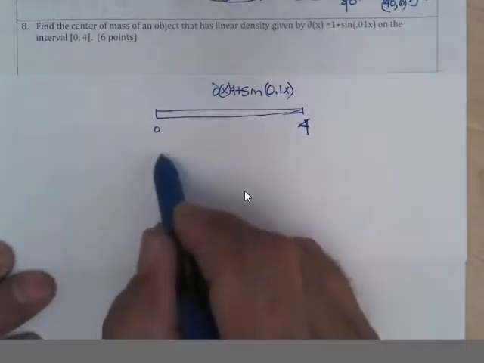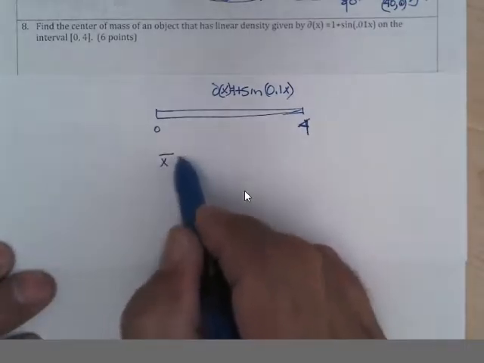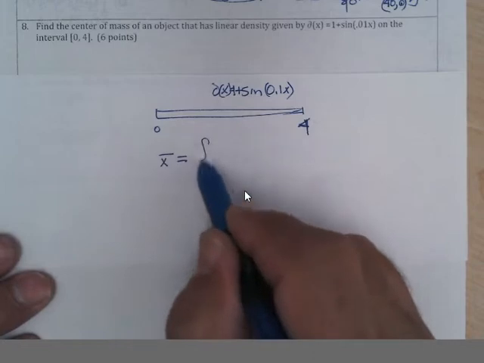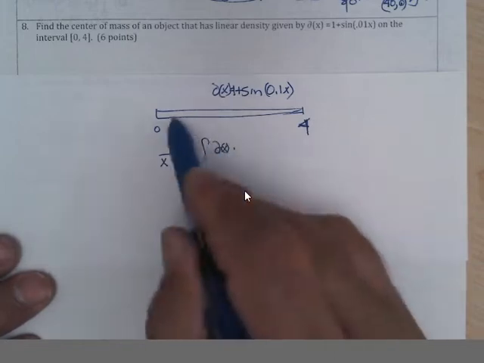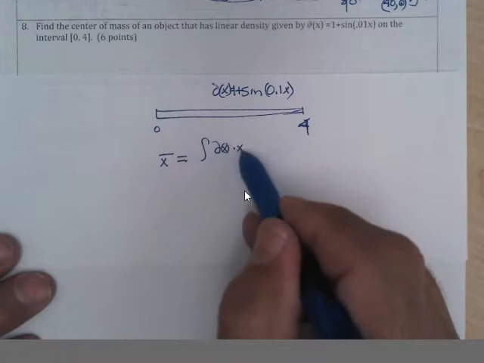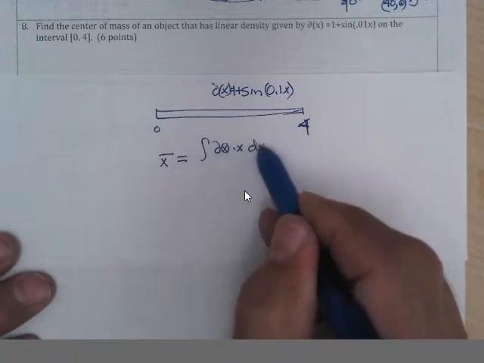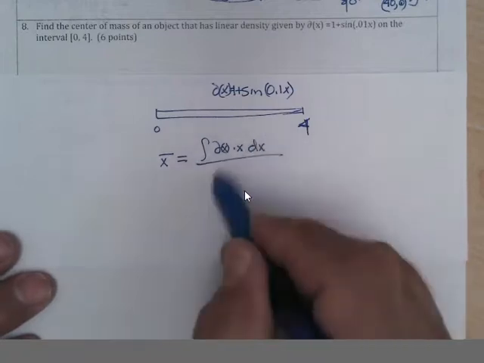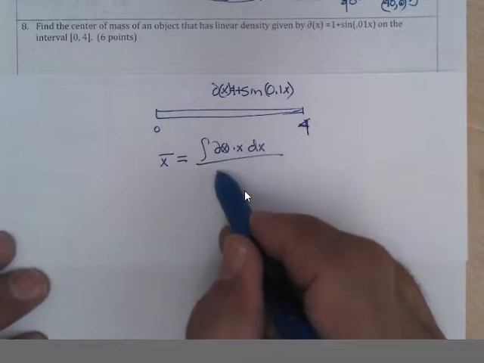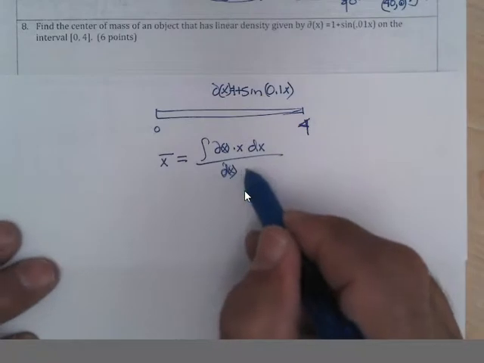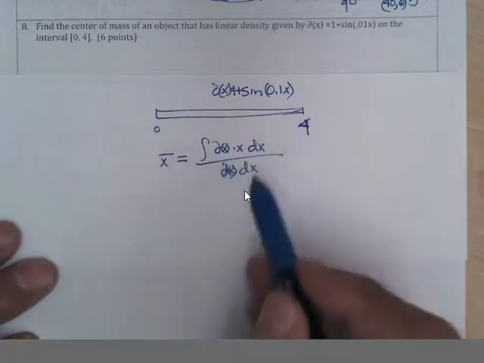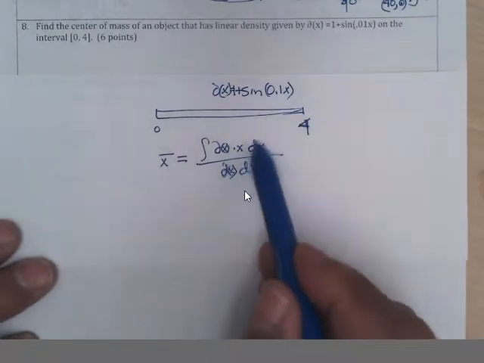And to find the center of mass, you find the density times how far down that density is, adding it up, over just the density, the total mass.